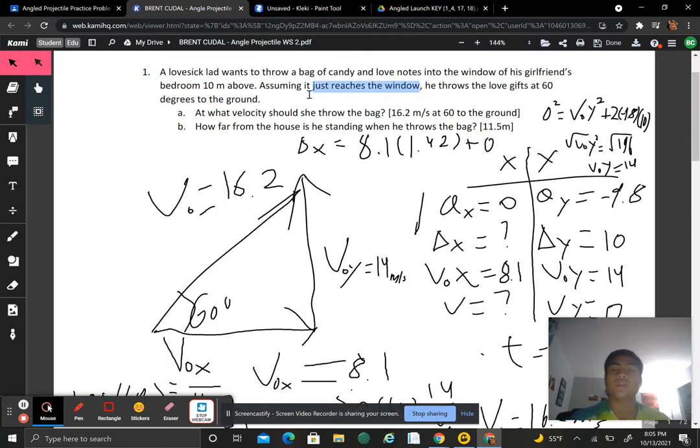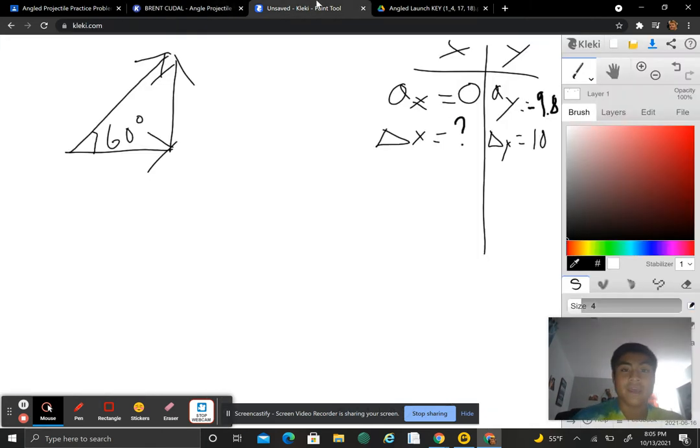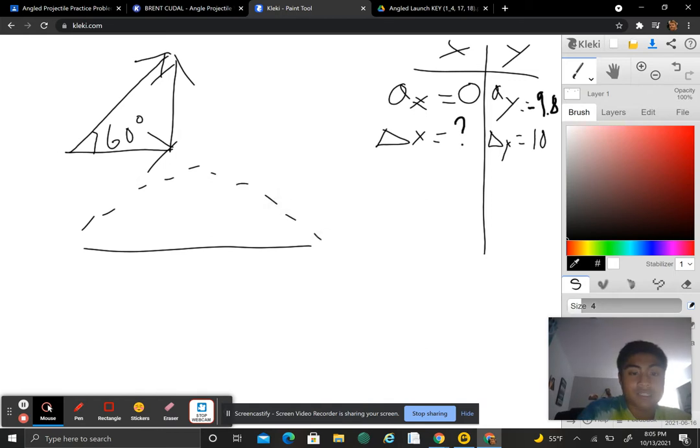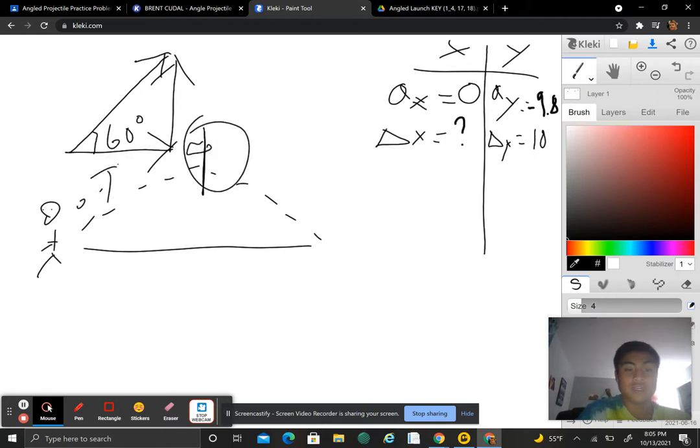Now, whenever it says something like this, that means if I were to draw this out a little differently, the parabola stops right at the peak. Imagine this is the dude right here, and he's throwing the gift all the way up there. This is the windowsill, and it stops right here.